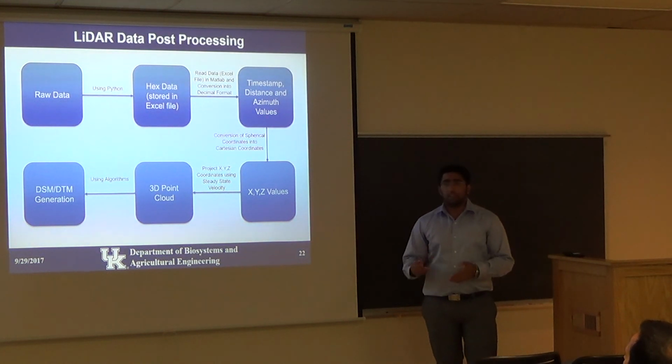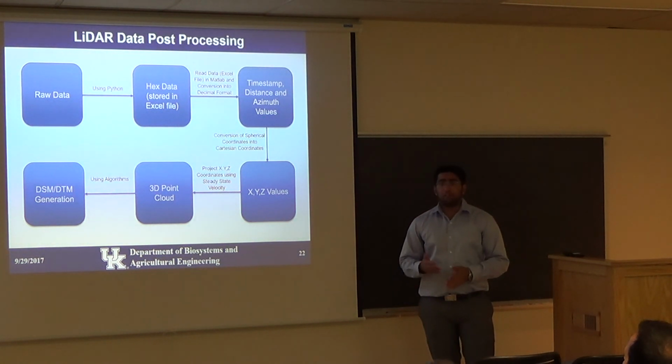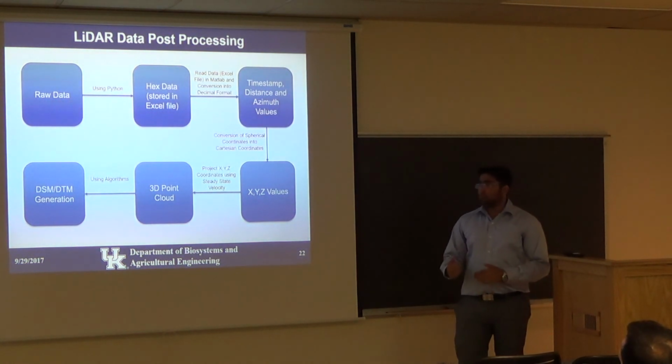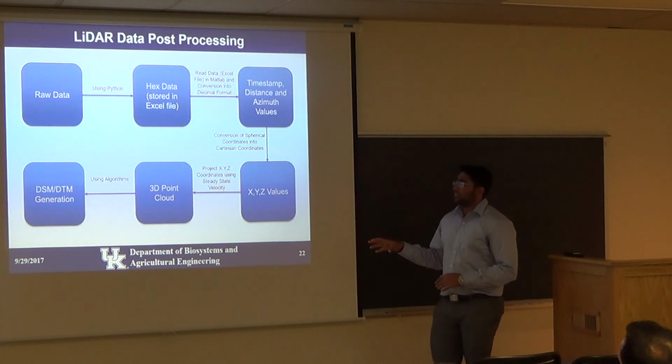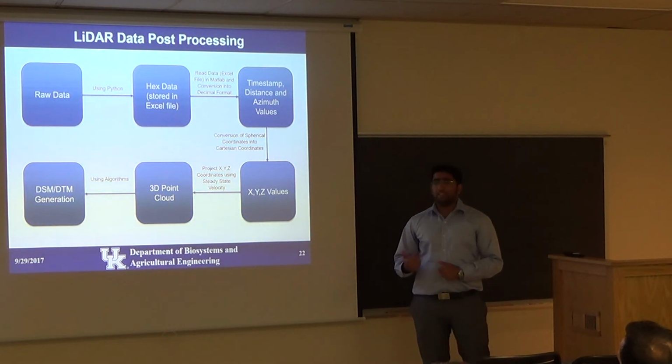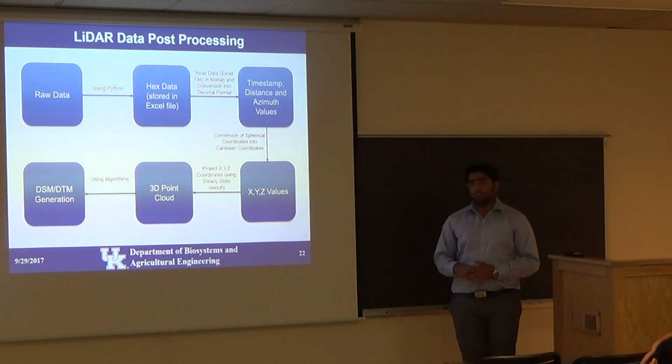After that you read the values in MATLAB and convert them to decimal format, and you get the timestamp, azimuth and elevation angles. After that you convert the spherical coordinates into Cartesian coordinates to get the XYZ values, and using velocity you project these XYZ coordinates into a 3D point cloud. After that you generate DSM and DTM from the 3D point cloud using algorithms.